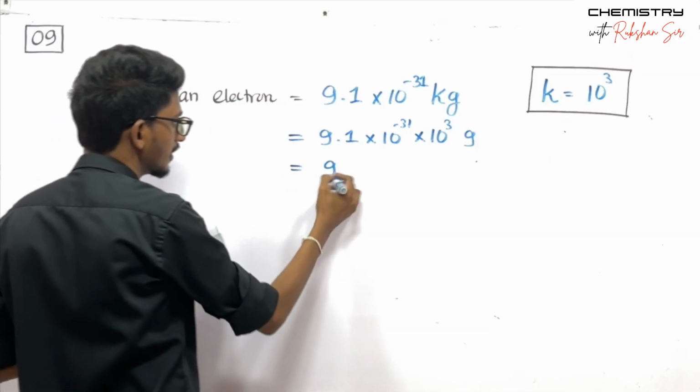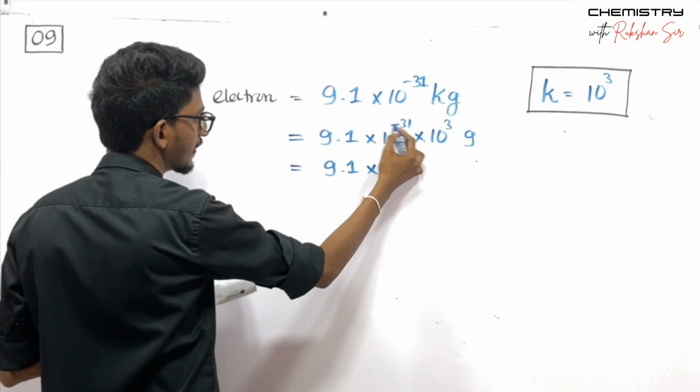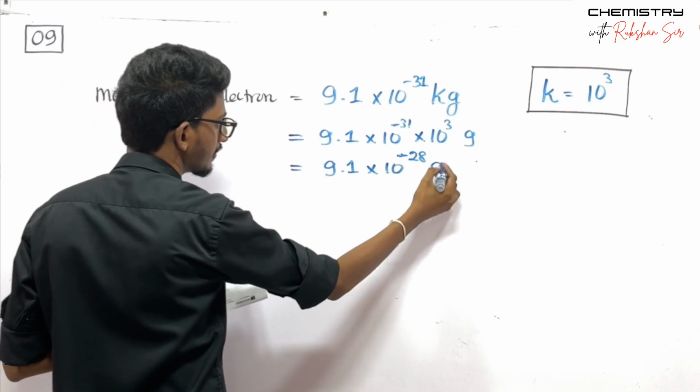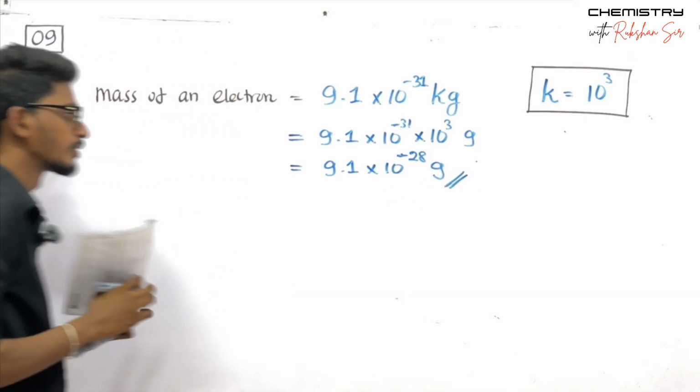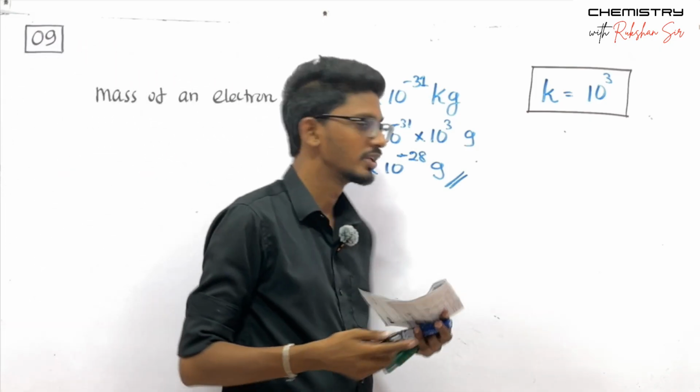Right? So that is 9.1 into 10 to the power minus 28 grams. So this is the mass of an electron.